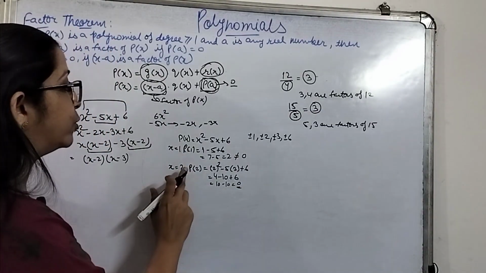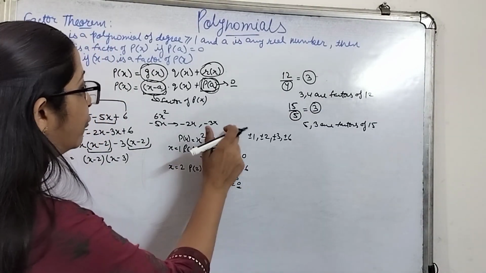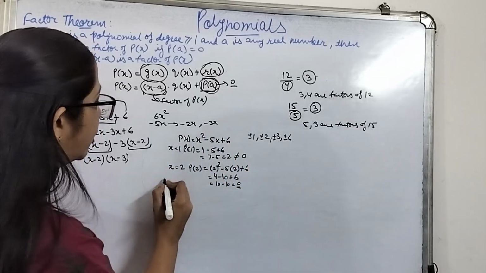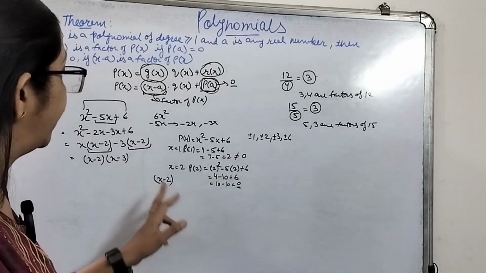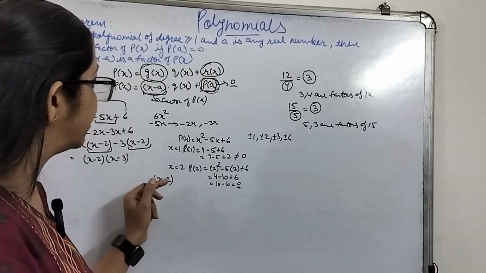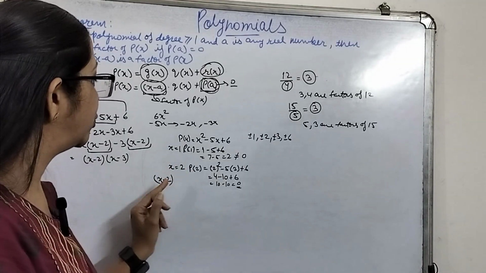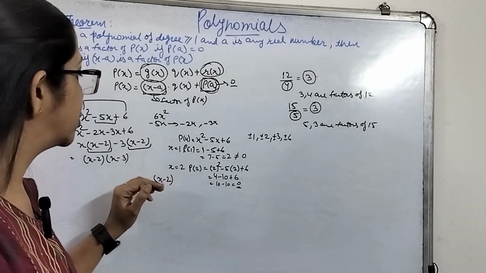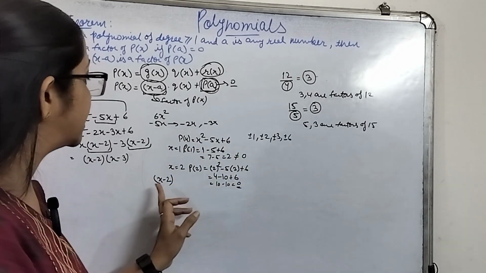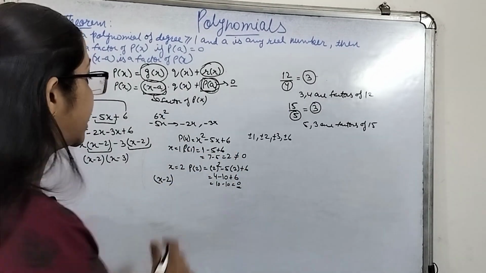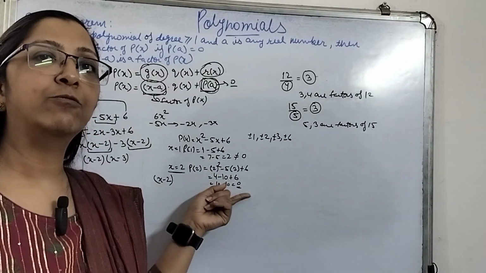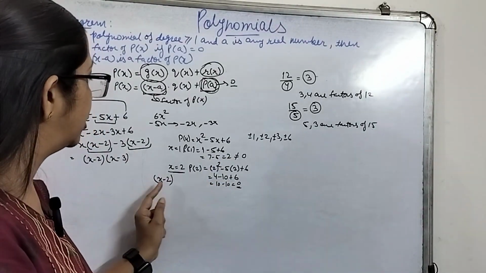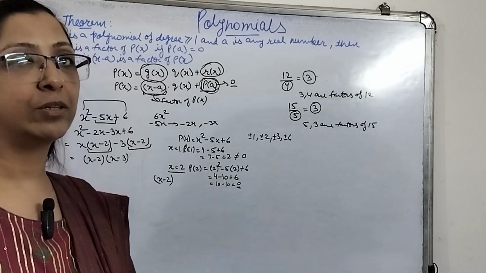If x equivalent to 2 is the zero of the polynomial, then x minus 2 will be a factor of the polynomial, because for x minus 2 only, x equivalent to 2 is the zero of this polynomial. At x equivalent to 2, the value of the polynomial is becoming 0. So we can conclude that x minus 2 is one of the factors.